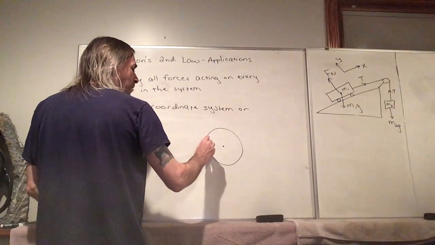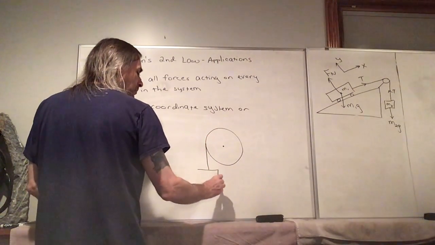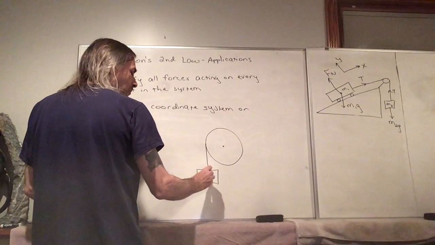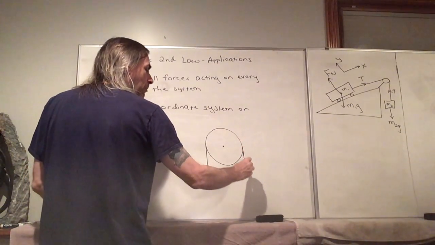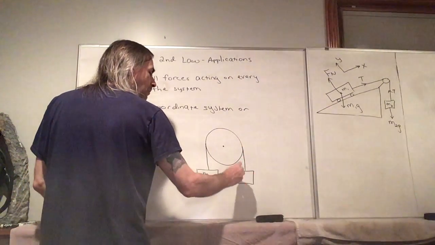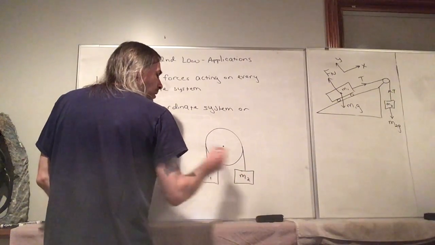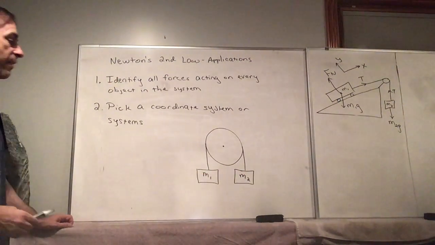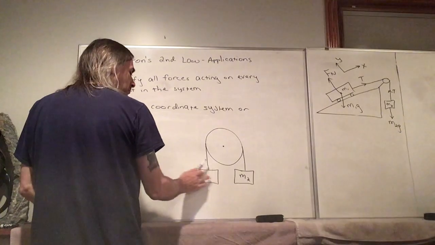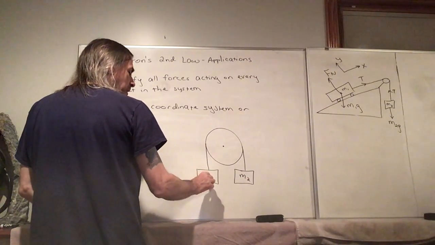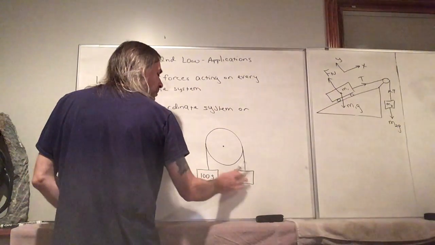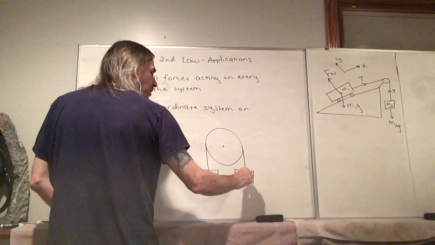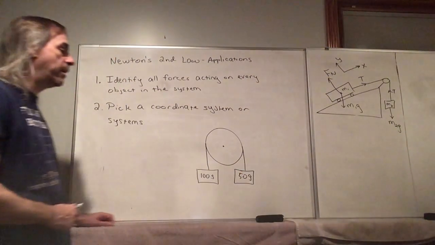This is something called an Atwood machine. So we have two masses, and let's say they're different. Let's actually give them numbers. Let's say this is 100 grams, and this one's 50 grams.